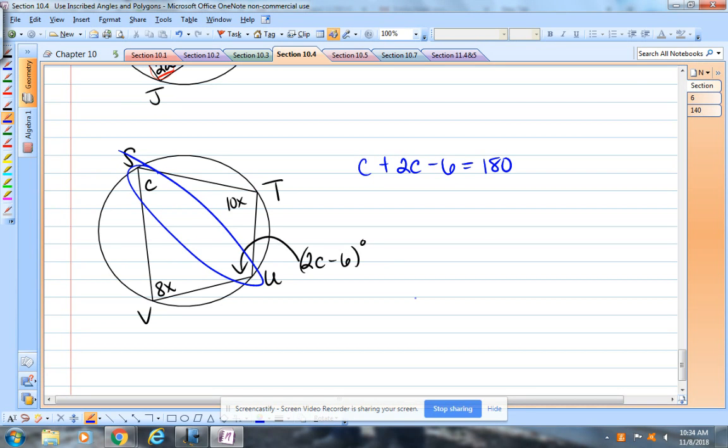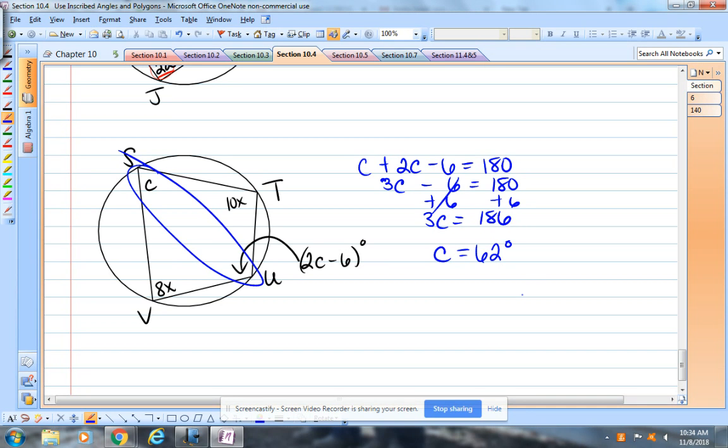And then combine your like terms. What is C plus 2C? 3C minus 6 equals 180. Then what? Add your 6. So 3C equals 186. And then you divide by 3, and what do we get? 62 degrees.